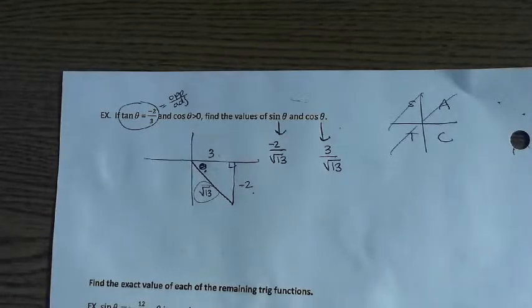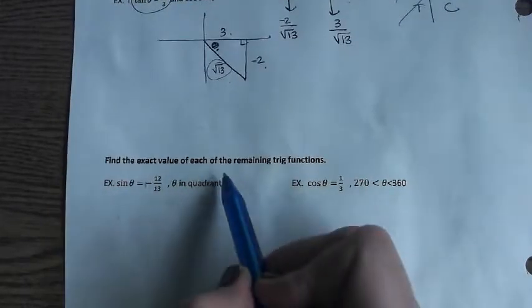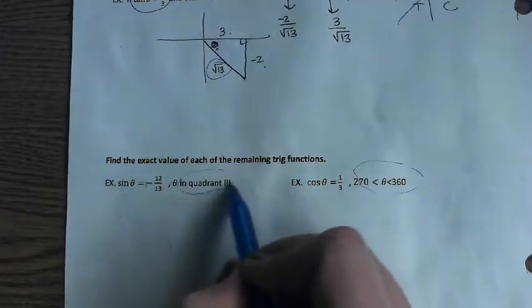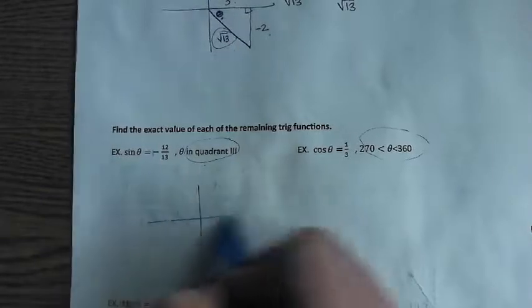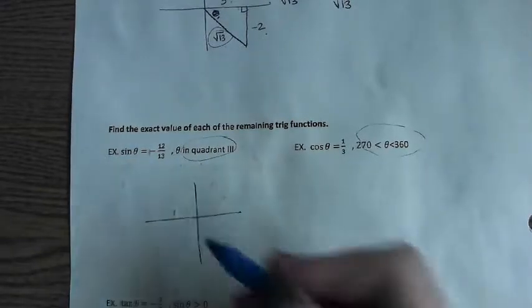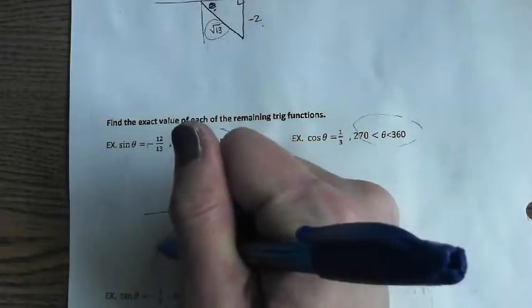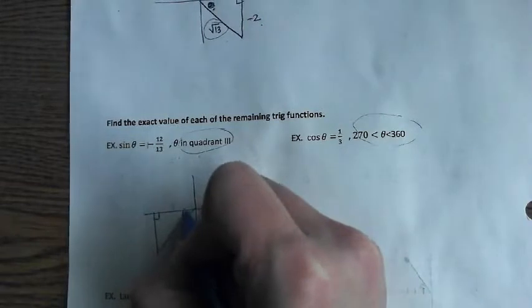Okay? The section on the bottom is exactly the same. They're just giving you some information so you know which quadrant to draw it in. For example, in this first one, and you don't have to write this down, just watch. It's in quadrant 3. So draw your terminal ray in quadrant 3. Drop your altitude always to the x-axis. Label your angle.